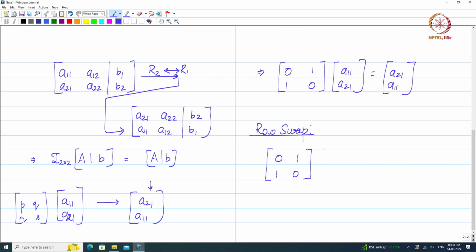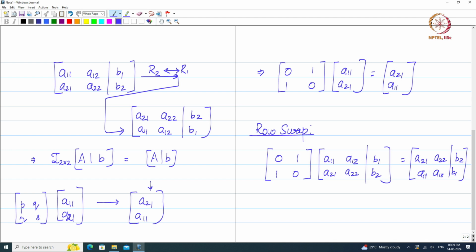You pre-multiply this augmented matrix, which is A11 A21 A12 A22 B1 B2. Now, that is going to give you A21 A22 B2 A11 A12 B1.